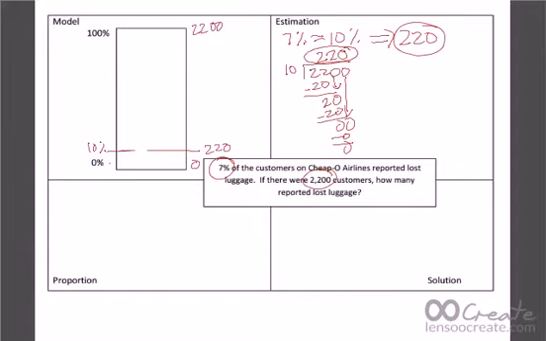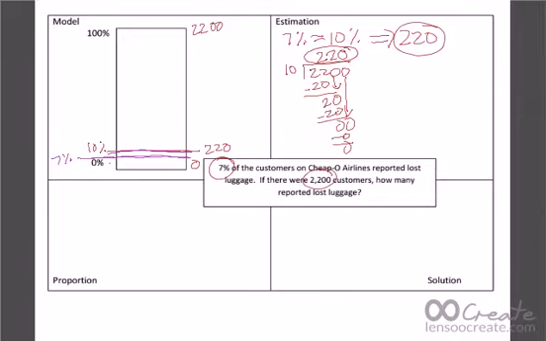Bear with me. All right. So I know what 10% is. It's 220. But I really want 7%. So I'm going to draw the line. I really want 7%. How could I do that? Well, here's what my brain is thinking.